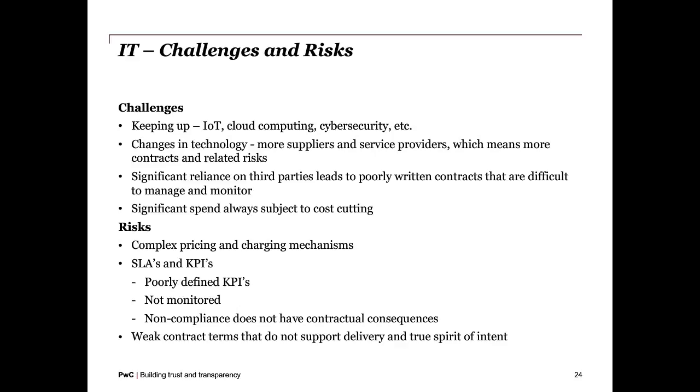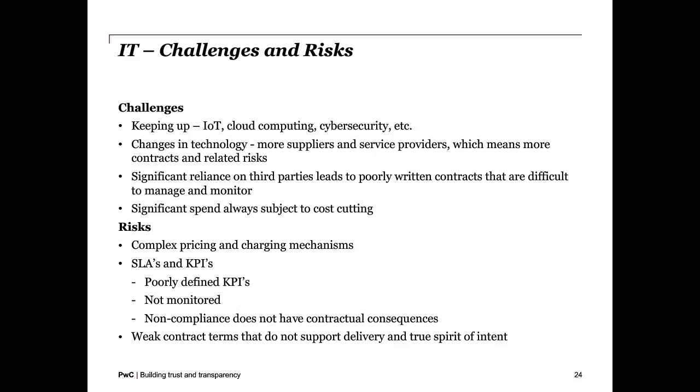In the IT space, another big challenge that we see is heavy reliance on your third parties. These are the subject matter experts, the areas of specialization, if you will. Because of that, many contracts are difficult to monitor. They're poorly written, they're ambiguous, etc. Some of the risks are really around complex pricing and charging mechanisms, tiered pricing and pricing by category.